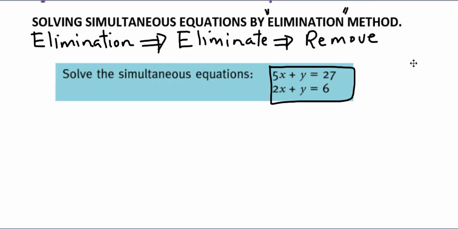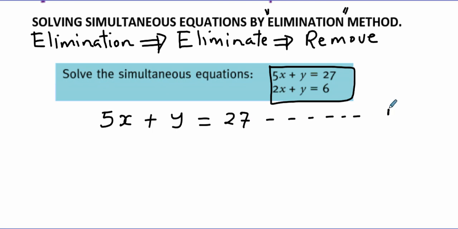So we have this equation here. We have 5x plus y equals 27. See that? This is equation number 1. Okay, and we have 2x plus y equals 6.